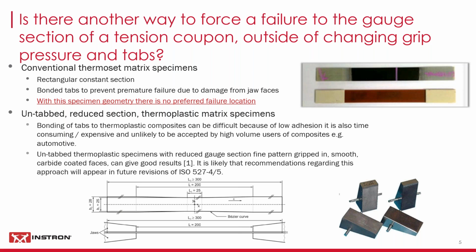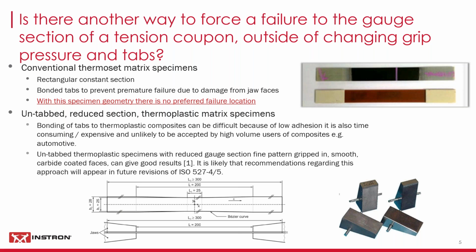So there has recently been some work in Japan and Germany on producing very gently waisted specimens, as you see in the illustration at the bottom of this slide, where it is not a gross dog bone shape, but a rather gradual taper, but it does give a preferred failure location.